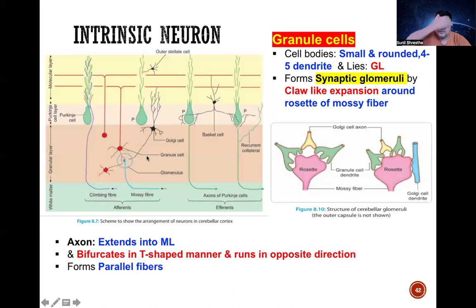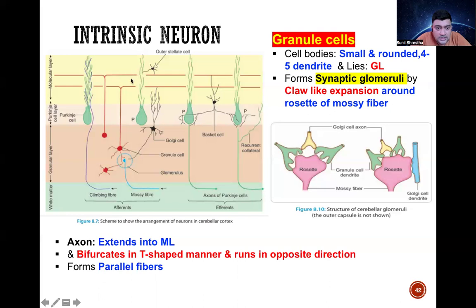The axons of the granule cell move above and reach the molecular layer. This one is also a granule cell; its axon moves above and reaches the molecular layer.